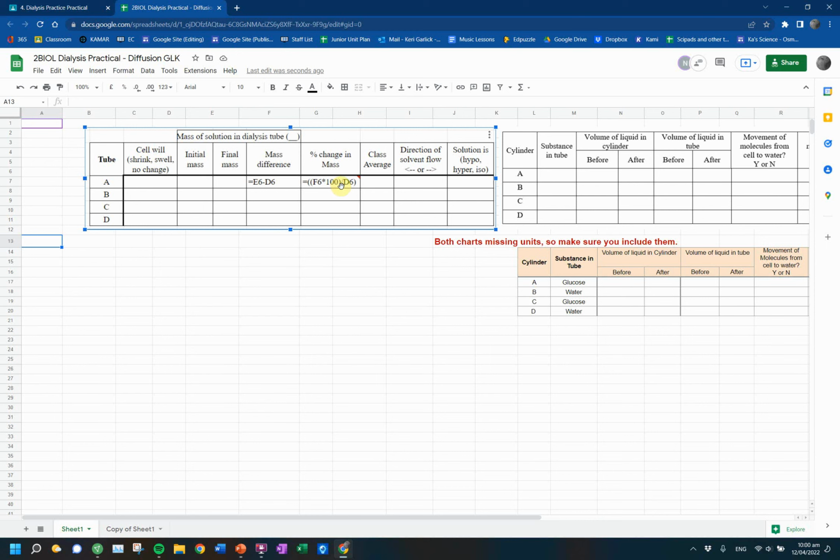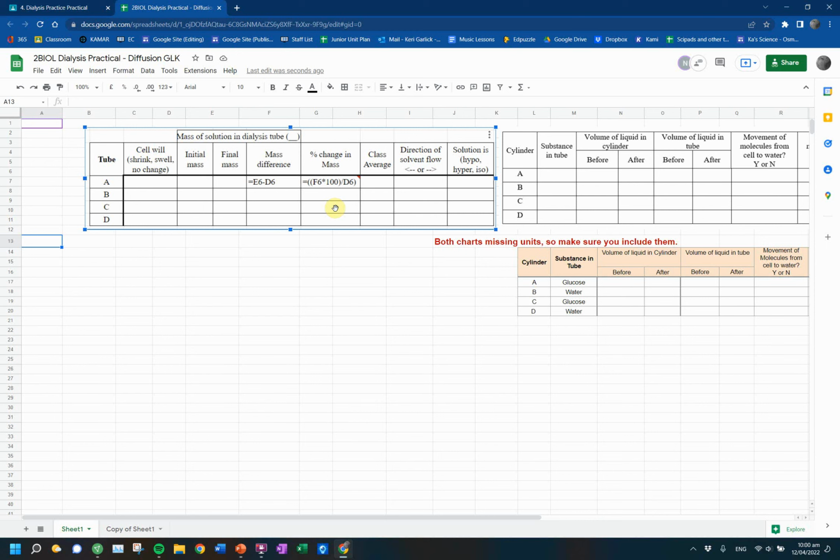Then, if we want to figure out percent change in mass, you take what the mass difference is, times it by 100, and then divide it by that initial mass. And that'll give you a percentage change. Are we okay with that so far?